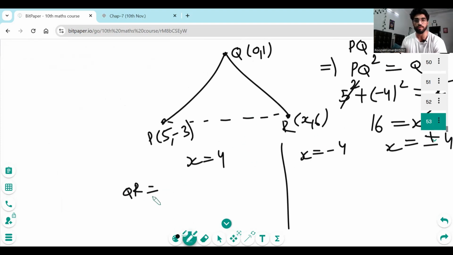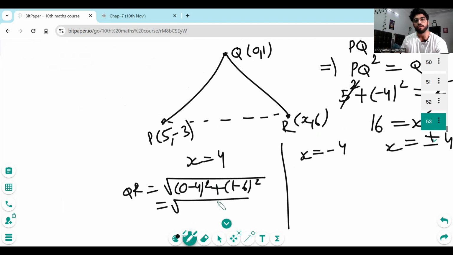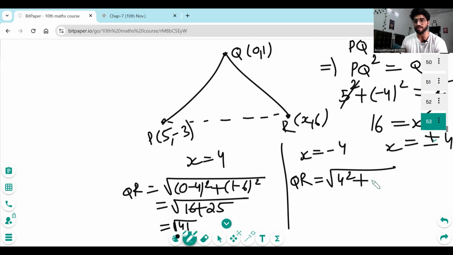Square root of (0 minus 4) squared plus (1 minus 6) squared, that is 4 squared, 16, plus 25, that is root 41. And if it was minus 4, QR will come out to be 0 minus minus 4, that is again 4. Doesn't matter, it's the same thing, so it will come out the same.